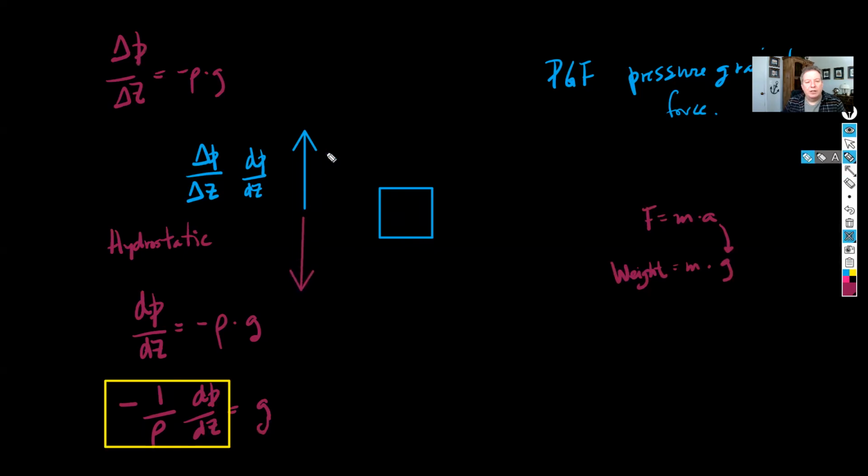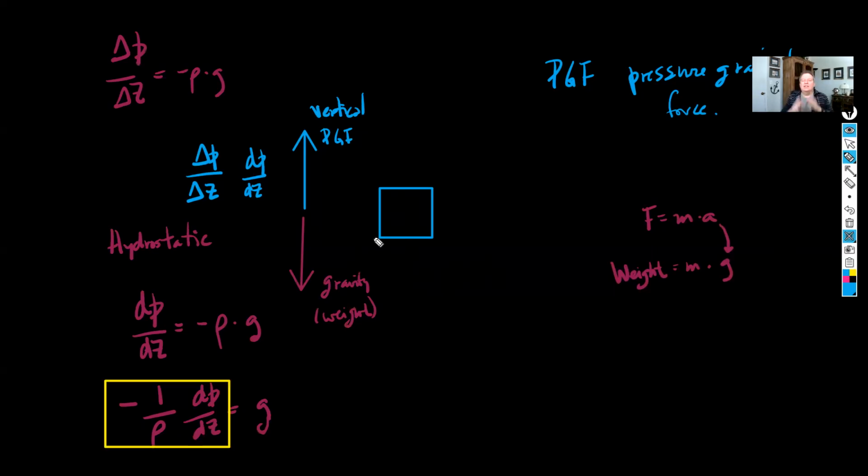So the downward force is gravity, or if you are a stickler for semantics, making words right, you would actually probably want to say weight. And then this is the vertical pressure gradient force.